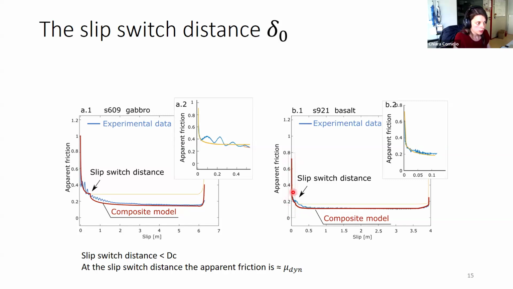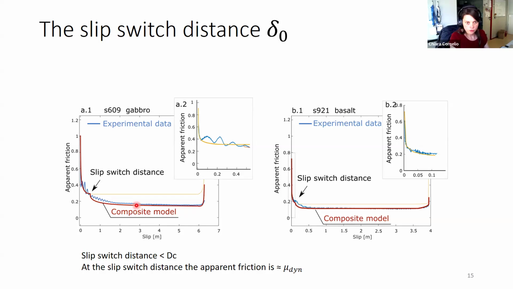In fact, just considering the flash sheeting model, we can represent a huge part of the stress drop occurring during our dynamic weakening. This happens because the decay of the shear stress versus the slip is non-linear, more like an exponential curve. Moreover, the slip switch distance is also smaller compared to the slip.